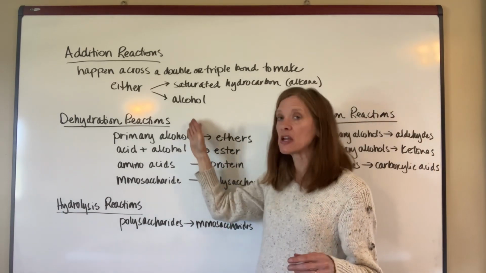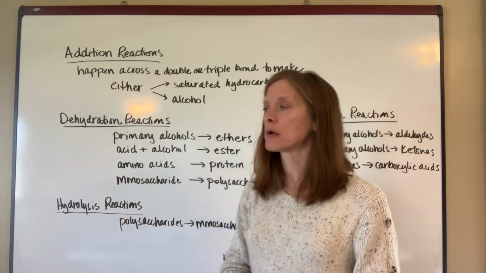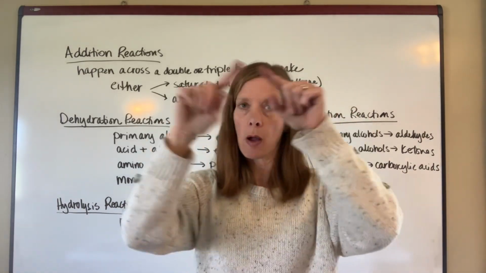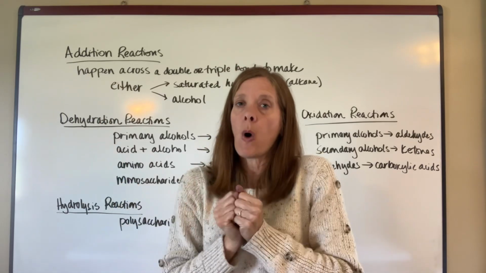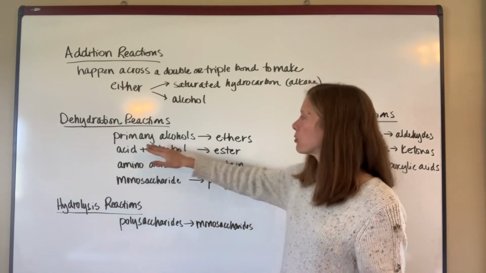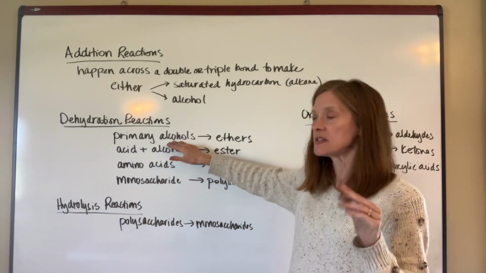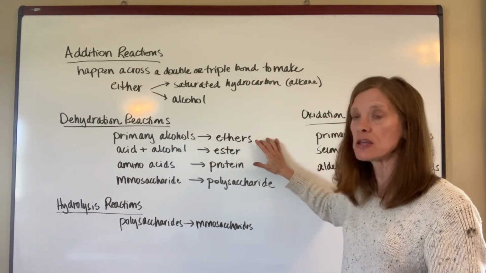Now, your dehydration reactions, if you remember, because I think I've put almost all of those up on the board, you can always draw a box around an H on one side and an OH on the other side. When you pull that water out, whatever's left over links together. Primary alcohols, two molecules of those, are going to dehydrate, you pull a water molecule out, and you make an ether.